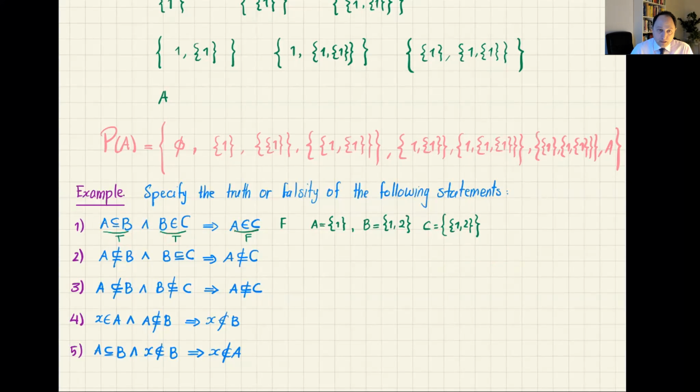Again, let me repeat, it doesn't mean that you cannot cook up an example for which this is true, this is true, this is also true. But when I say, is this statement true or false? This means that for all possible cases. If this is true for all possible cases, then you would say this implication is true. Otherwise, even if you can find one single counterexample, it is enough to say that this implication is false. But an implication being false doesn't necessarily mean that this is always false.